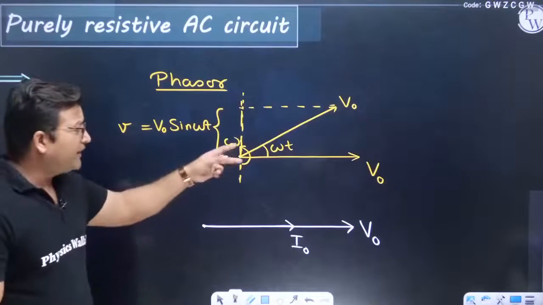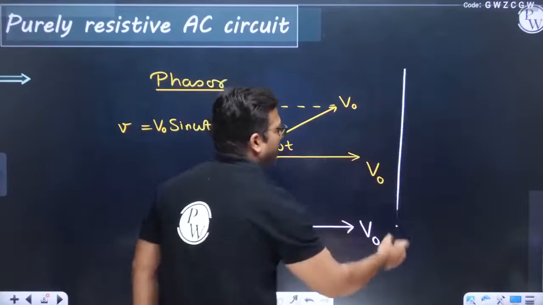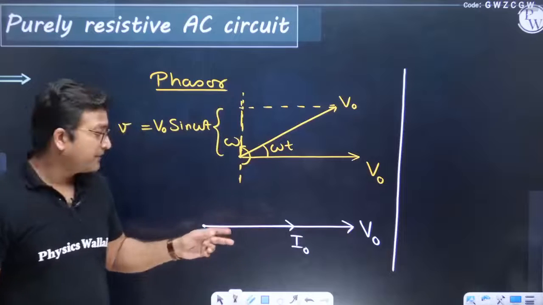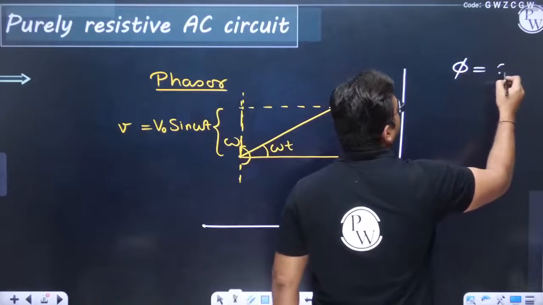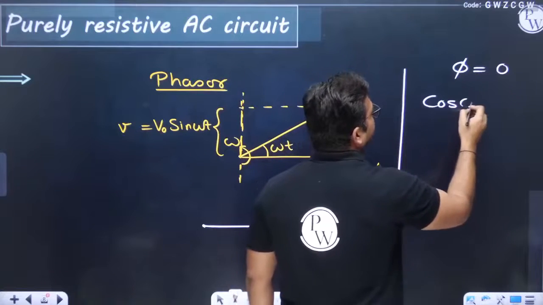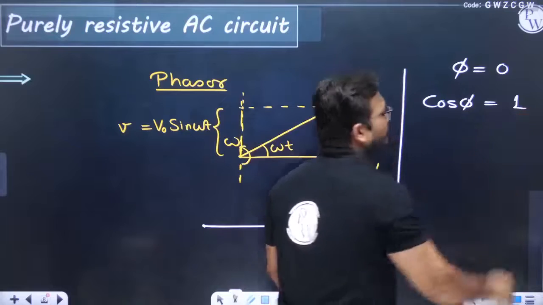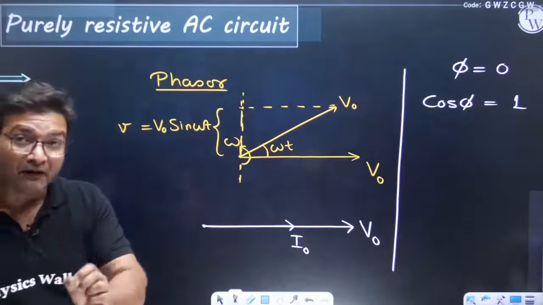As the phase difference is 0, we have 0 phase difference between current and voltage. So phi equals 0. If phi equals 0, cos phi equals 1. So always remember, for a purely resistive circuit, power factor is 1.